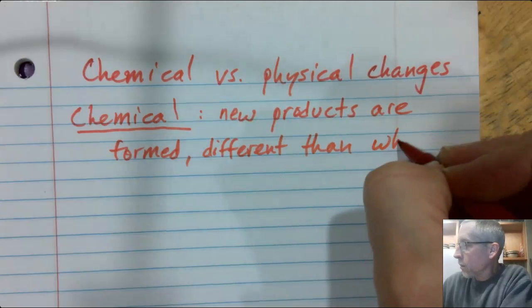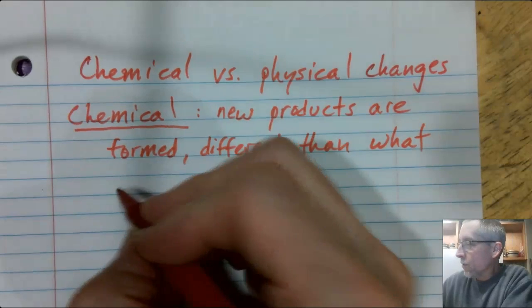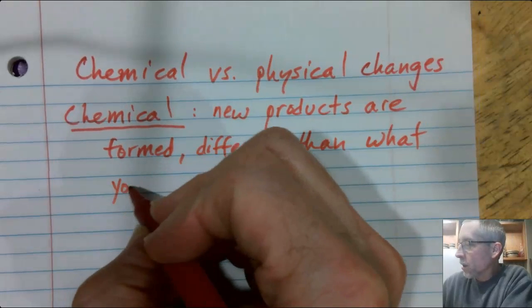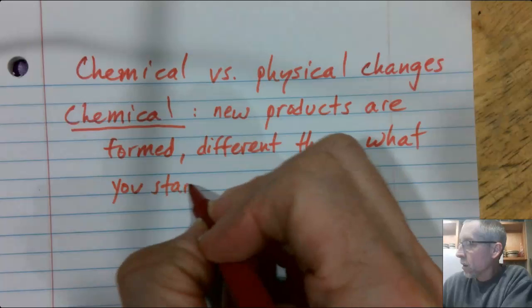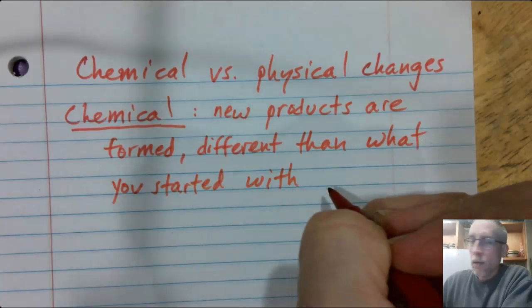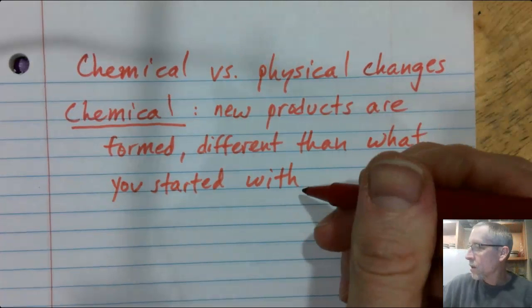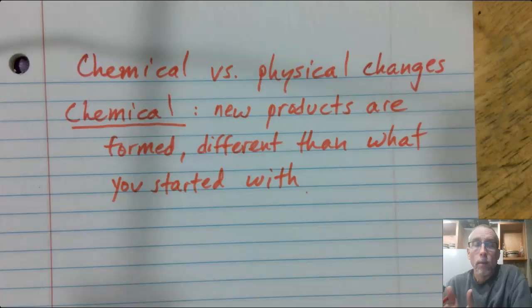Or I'll say it this way, maybe I won't use the fancy science word reactants. Different than what you started with. The English teacher wouldn't like me ending the sentence with a preposition, would they? So you start with one substance and you end with a different substance. Okay, so we've seen that time and time again.